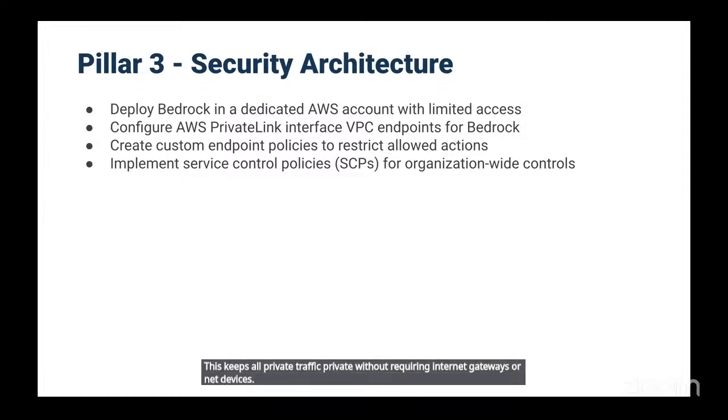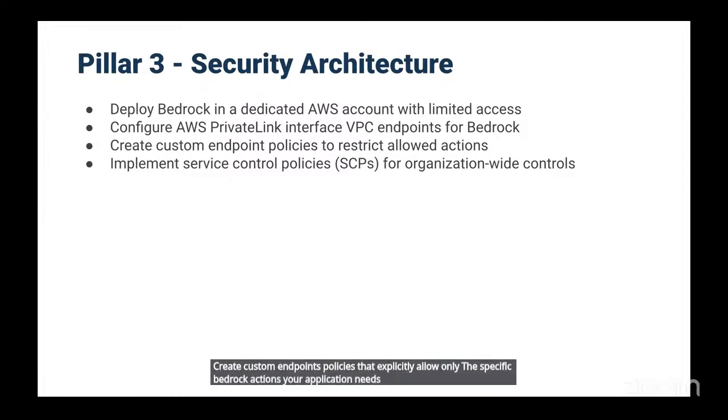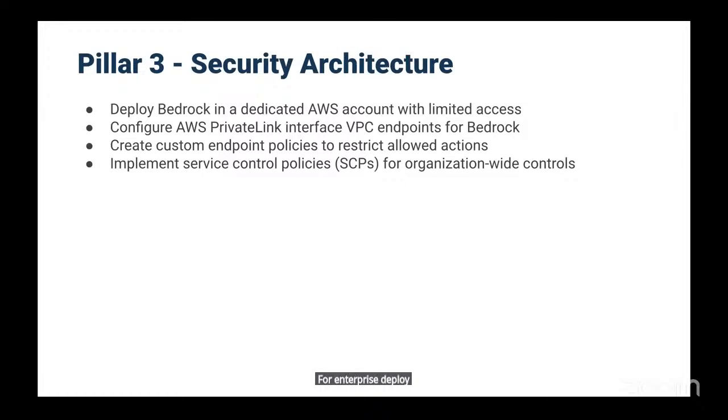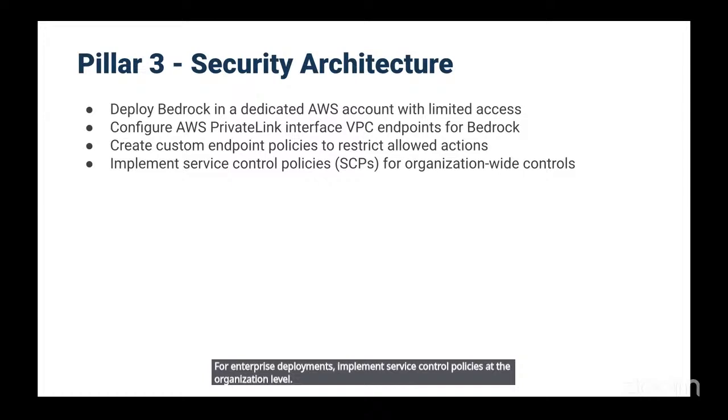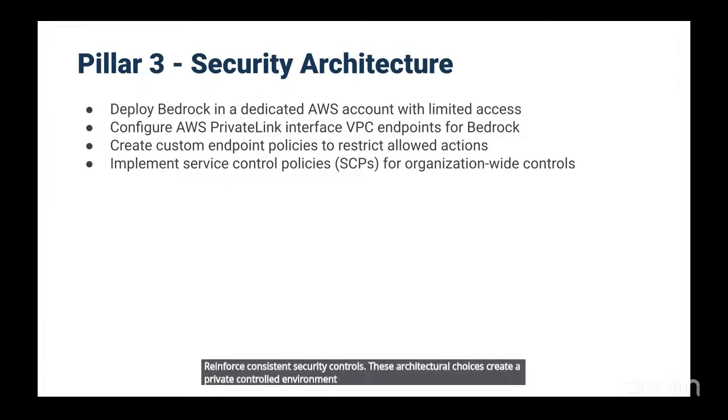Create custom endpoint policies that explicitly allow only the specific Bedrock actions your application needs, like InvokeModel, for example. For enterprise deployments, implement service control policies at the organization level to enforce consistent security controls. These architectural choices create a private, controlled environment for your workloads.